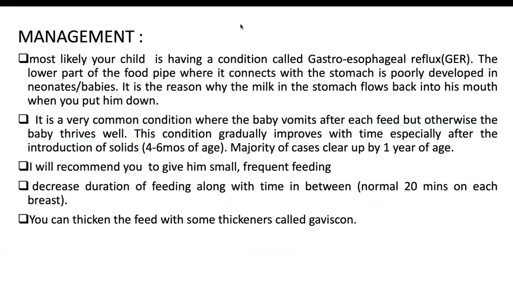So how are we going to manage this? In gastroesophageal reflux, the main symptom is that the child will vomit a little after feeding, but will be thriving well and gaining weight appropriately. Everything else is fine. You'll say that most likely your child has a condition called gastroesophageal reflux. Do you know what it is?